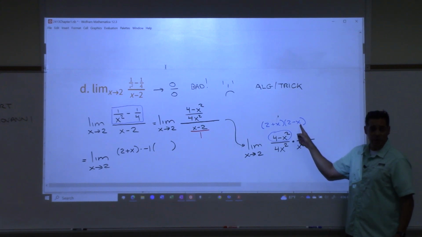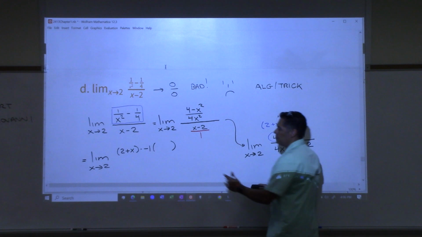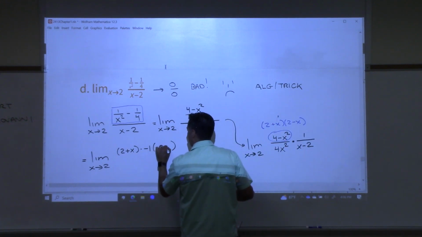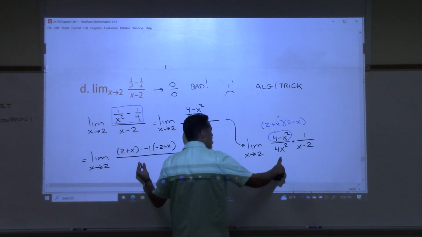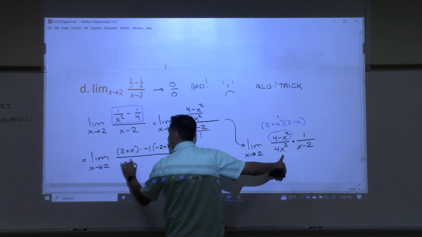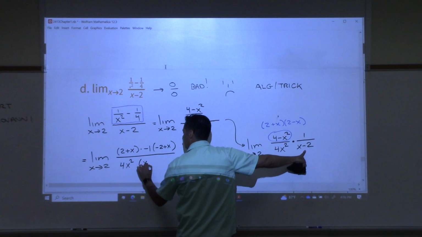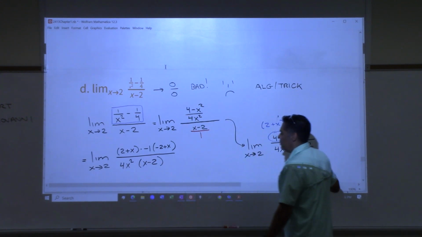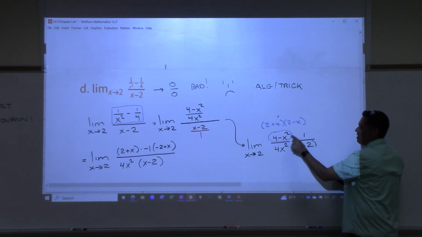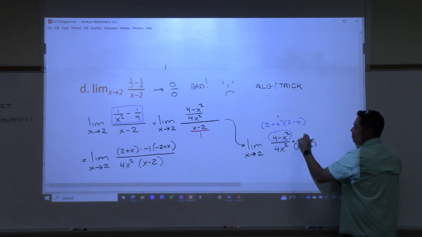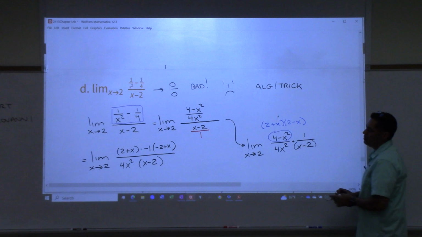Minus 2 plus x, wouldn't it? And that's all over, I'm going to put it all into one fraction now, 4x squared, and then times this, I have to put in parentheses. So I put those two together. This times that is, 1 times that is just itself.